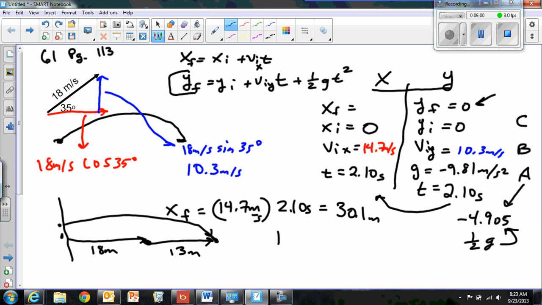He's got to travel 13 meters in how much time? 2.10 seconds. And that gives me, let's just do this real quick, 13 divided by 2.10. He's going to travel at 6.19 meters per second, and then he's going to have to go down field.